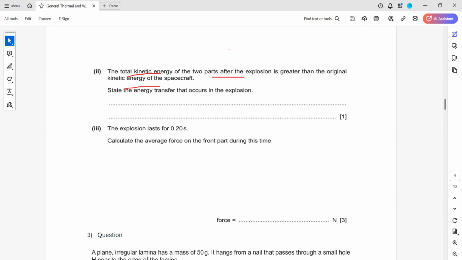Because the fuel has chemical energy, so the chemical energy has converted into kinetic energy. Because it exploded, the fuel burned. The explosion will change the chemical energy to kinetic energy. That's why the initial energy was only kinetic, but later it got energy from the stored chemical energy.